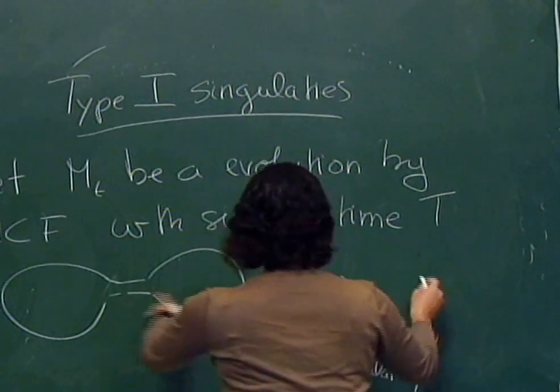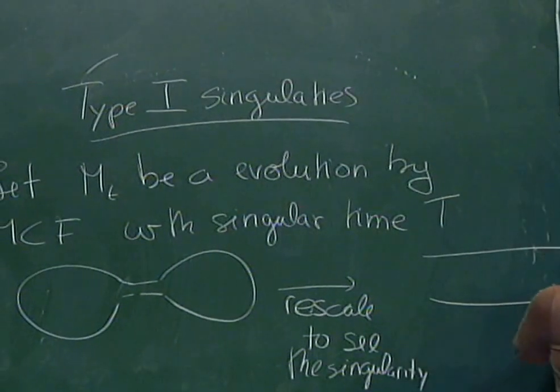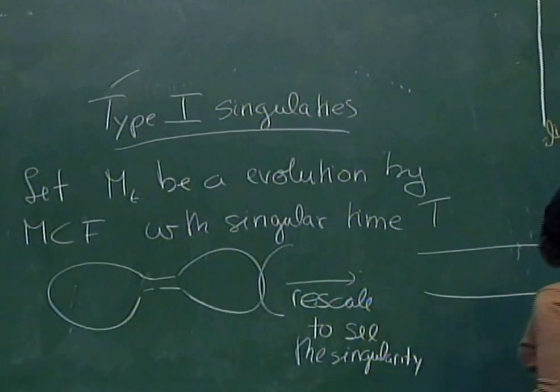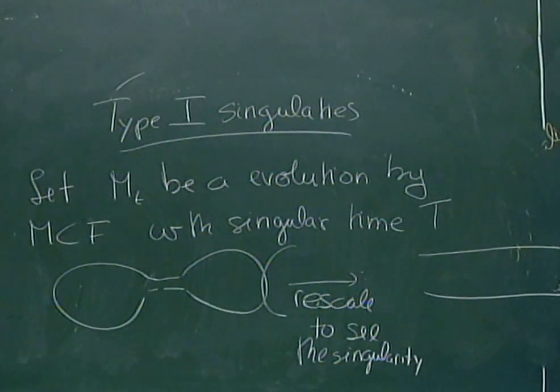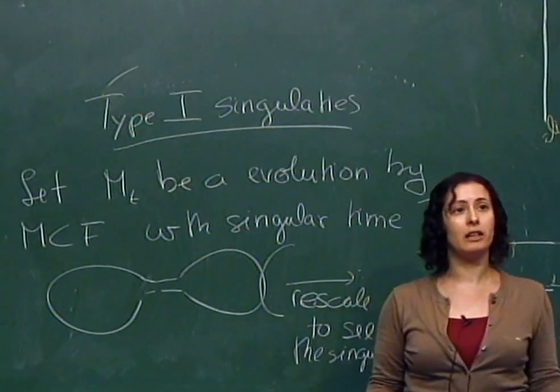Since I'm focusing here, what I'm going to see is probably a lot of the neck, and very, very far away, I'm going to see the rest of the surface. And when I take a limit, actually I'm not going to see anything but the area around that portion there. That's the idea of the rescaling I want to do.